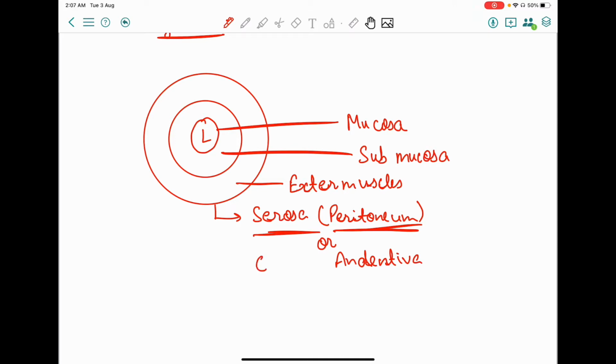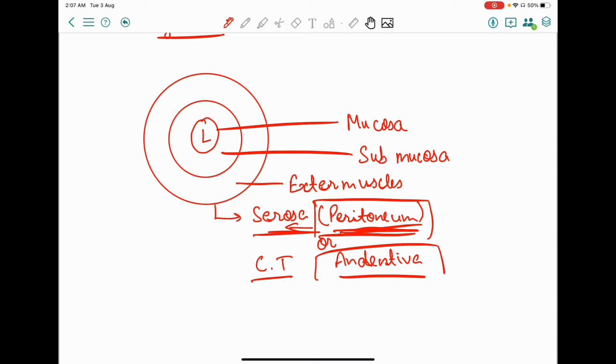It is connective tissue. So understand this, guys: if the outermost layer is peritoneum, it is known as serosa, or it can be made up of adventitia. And adventitia is a connective tissue.